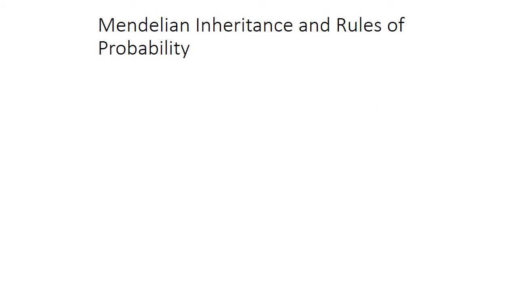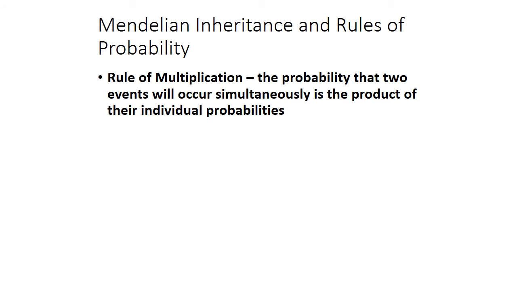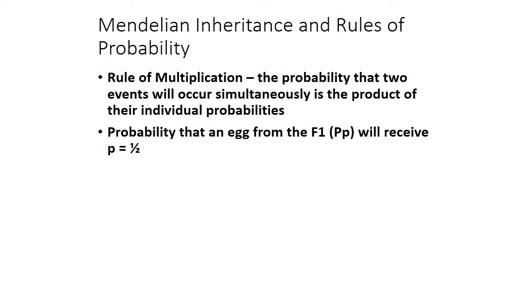So the Mendelian inheritance and the rules of probability. This says that the rule of multiplication, the probability that two events will occur simultaneously, is the product of their individual probabilities. So the probability that an egg from the F1 generation will receive the little p is 1/2 because we have the two alleles there.